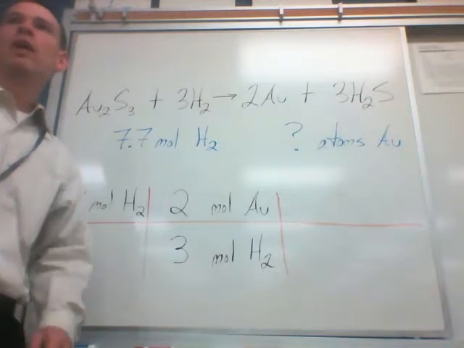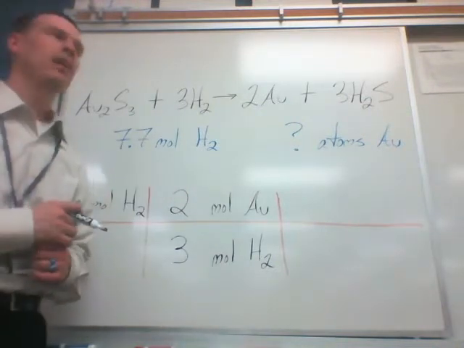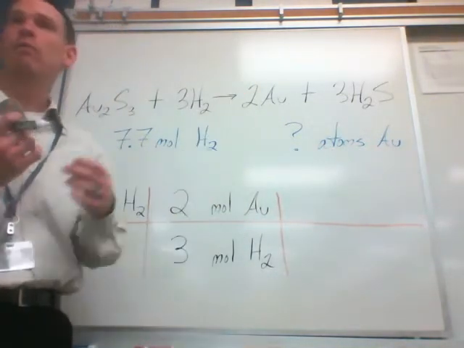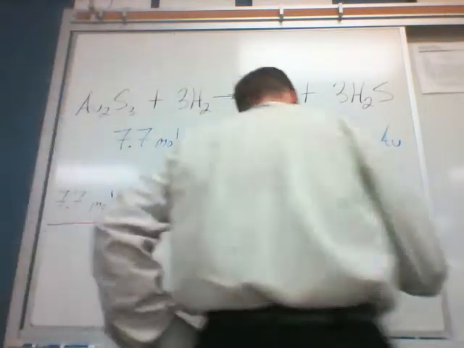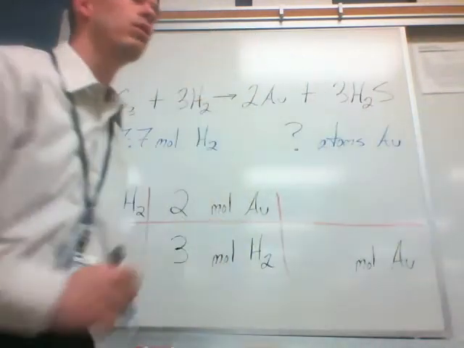Sometimes we get to end right here. If the unknown is moles, we would be done based on where we are in our roadmap. But the unknown's not moles on this one. So I'm going to right away put the letters again as a copy. Moles of gold.